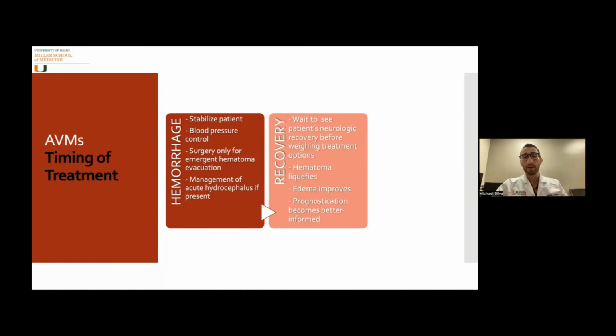In terms of recovery period, as I said, you typically want to see the patient recover and see what their new baseline is before having the discussion of risks and benefits with the family of operating. This also allows, as I said, the hematoma to liquefy, the edema to improve, and allows for our prognostication of the patient's outcome to be better informed. And finally, the treatment of the lesion, of the AVM, which I'll go through now. Conservative medical management, surgery, radiosurgery, embolization, or a combination of the above.